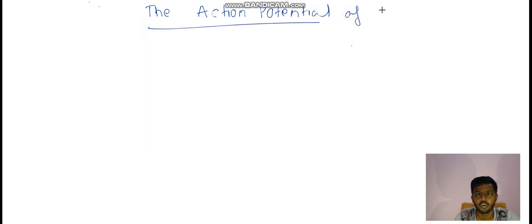Now we are going to see the action potential of neurons. In the action potential, we are going to study the polarization, the latent phase, local potential, depolarization, all these in detail.